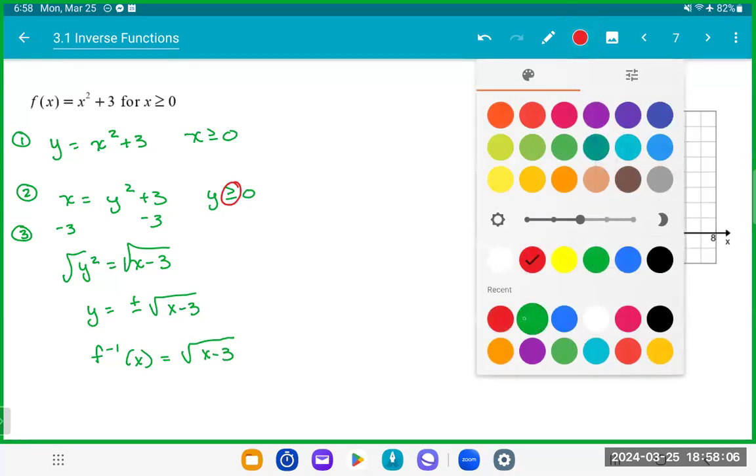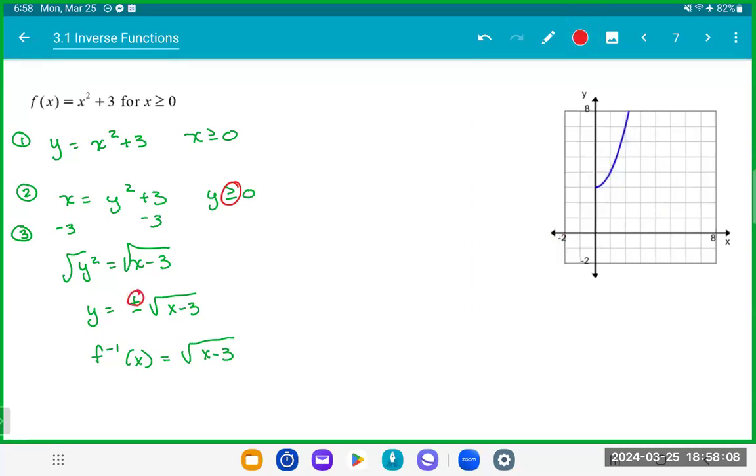And I'll circle that positive piece in red because of the domain restriction. And this is step 4, where we're replacing y with f inverse, okay? If you put this through f inverse of f and f of f inverse, you will see that those both reduce down to x, and therefore they have an inverse.